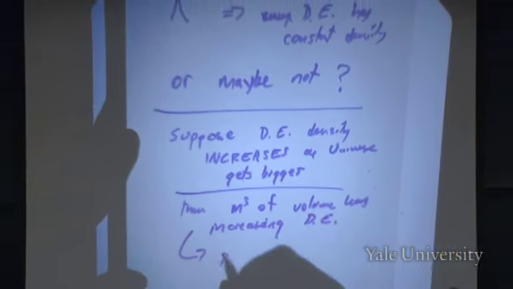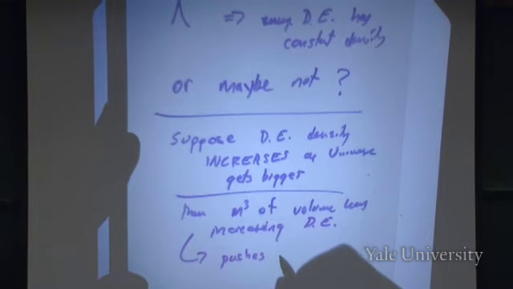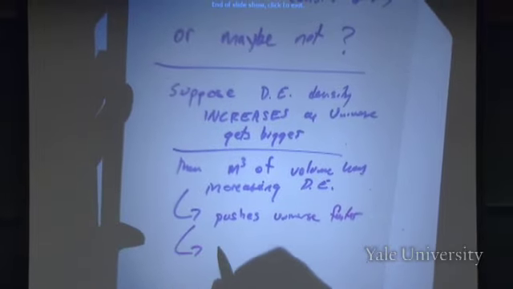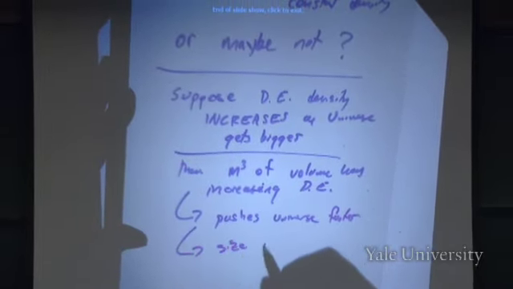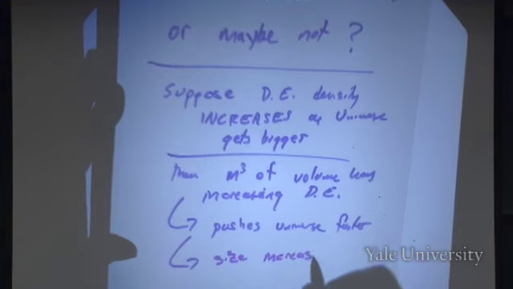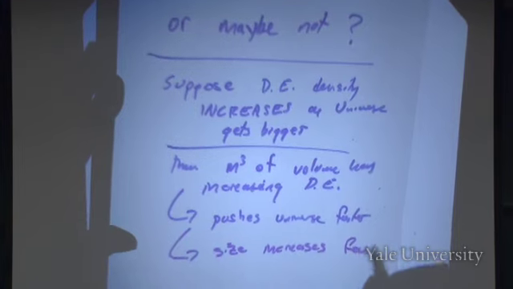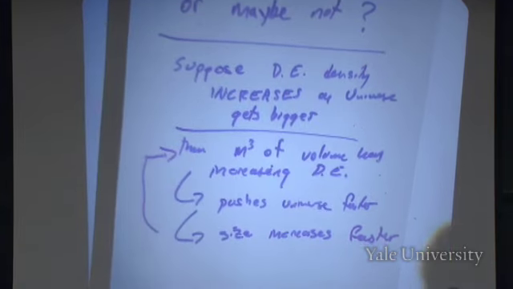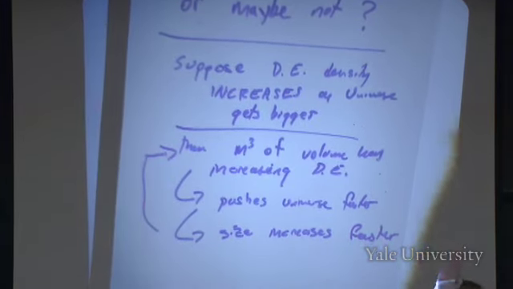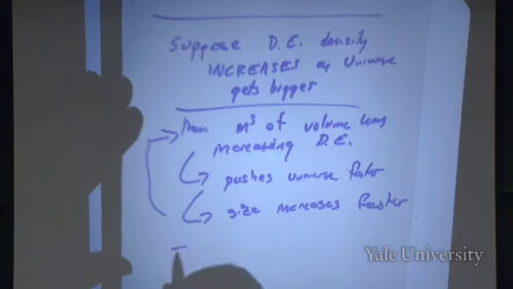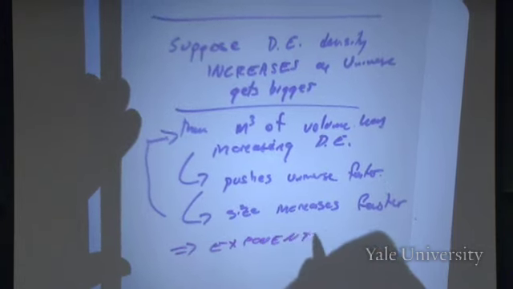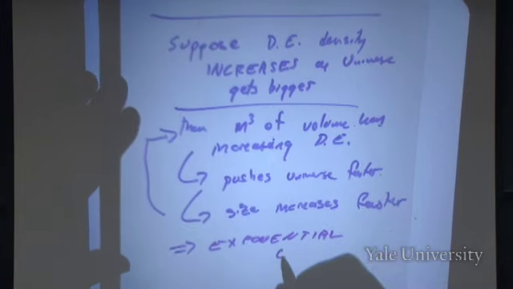That, of course, pushes the universe out faster. So the acceleration increases. That makes the size increase. And you get a feedback as the universe exponentially expands. You get an exponential expansion.